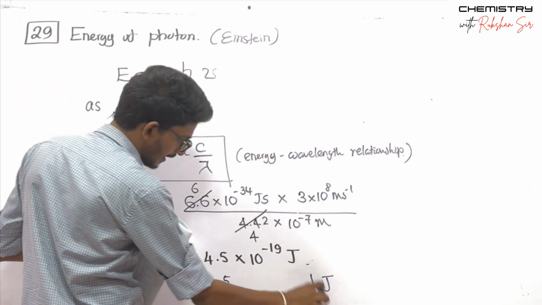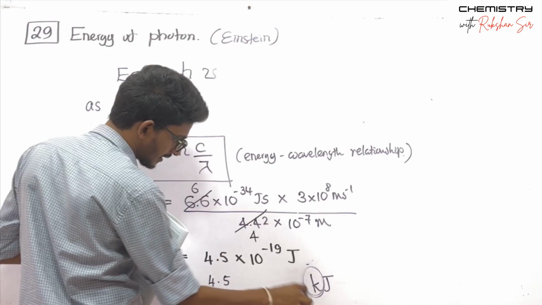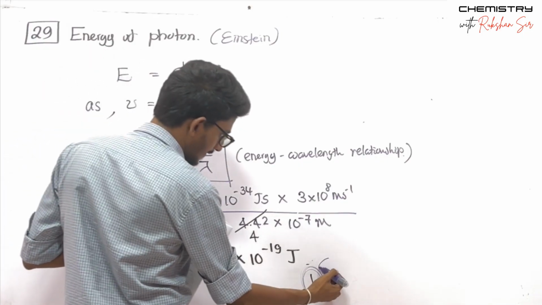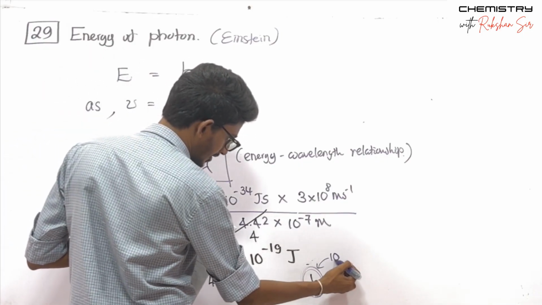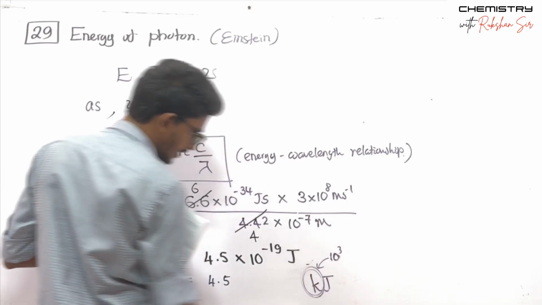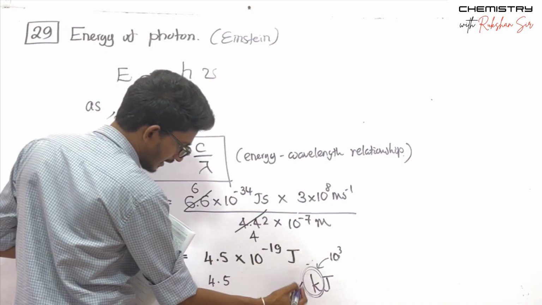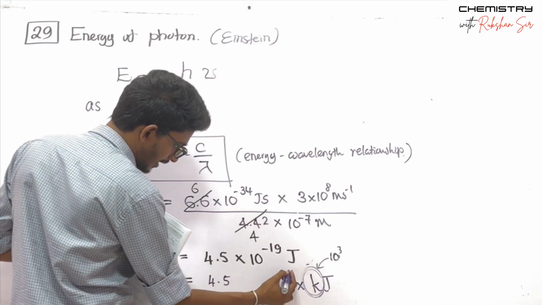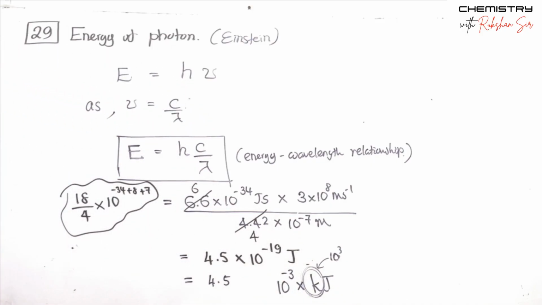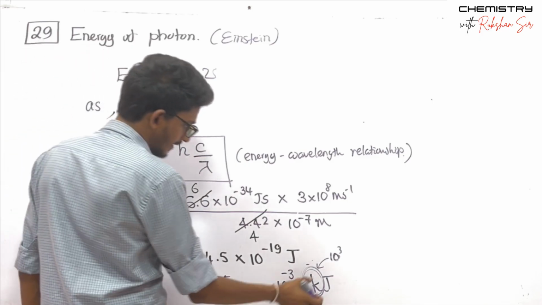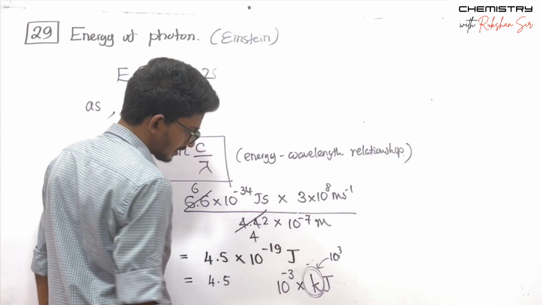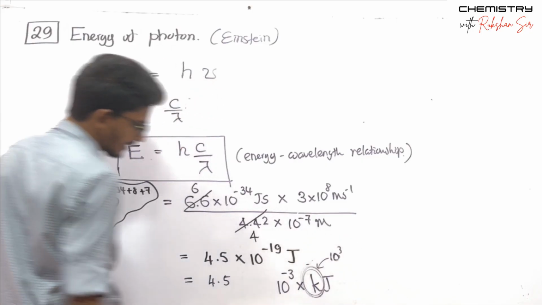Kilo means 10 to the power 3. So to cancel off that k, you need to come up with 10 to the power minus 3 as well. If you had written 10 to the power 3 here, you need to cancel that off with 10 to the power minus 3 as well.